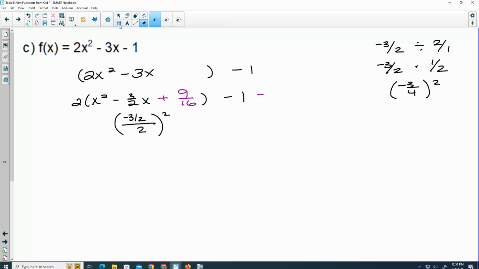So, because I had this 2 out in front, 2 times 9 over 16 is equivalent to 9 over 8. So that's why I'm only subtracting the 9 over 8 on the outside.